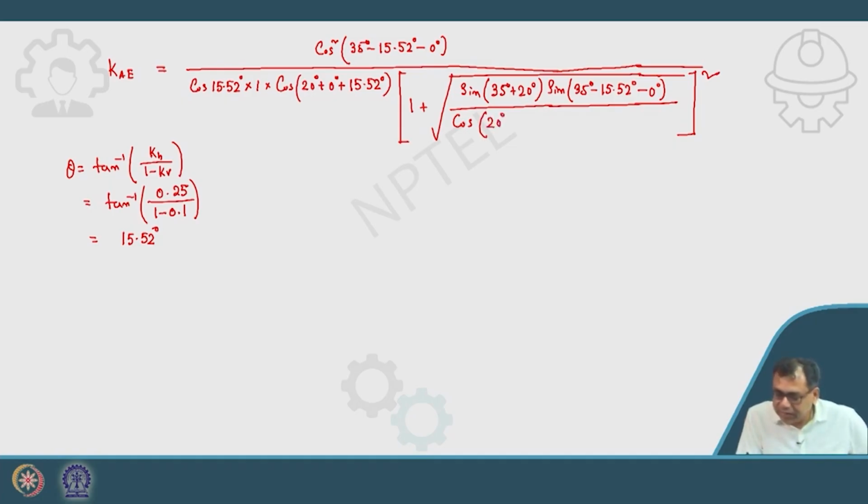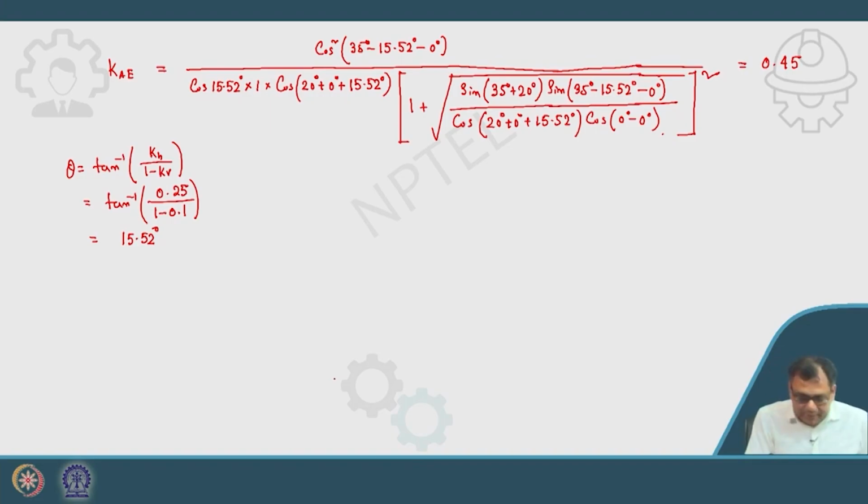Delta is 20 degree, beta is 0 degree, plus 15.52 degree is the cos. Then cos of i minus beta, i is 0 degree and again beta is 0 degree, that will be equal to 1. So from here the value of KAE is coming out to be 0.45.